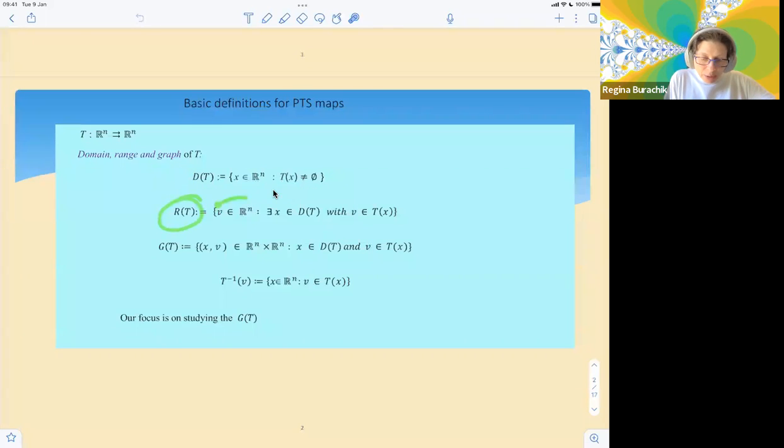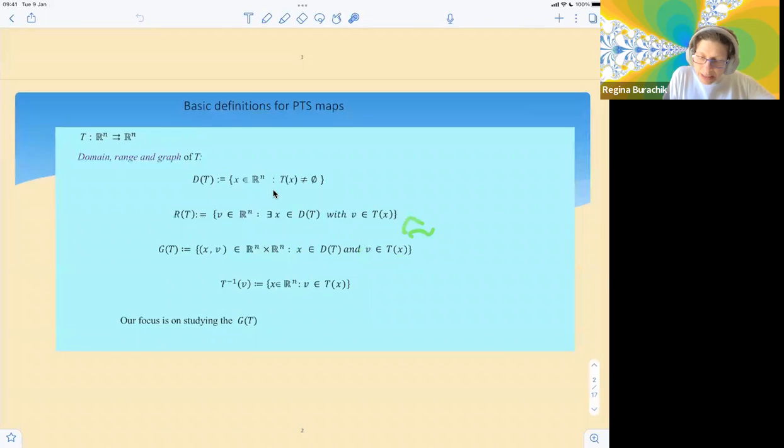The range is whatever the map reaches via some x in the domain. And the graph is a combination of these two in a very particular way. So for every x in the domain and v in T of the same x, you take all those pairs (x, v). And this, of course, generalizes the classical definition of the graph of f that you see in calculus 1.